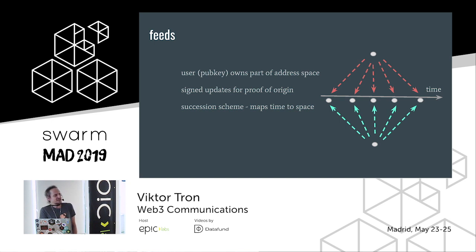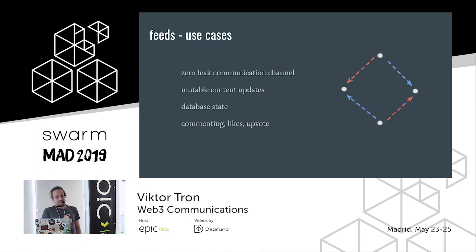The feed addresses map some sort of temporal succession scheme, versioning or timestamps, to parts of the address space, and therefore it can implement mutable content updates. So with feeds you can track changing content. You can link together the unrelated content addresses of your changing website, say, to one particular feed, and use the feed to get the latest update or the history of a particular website.